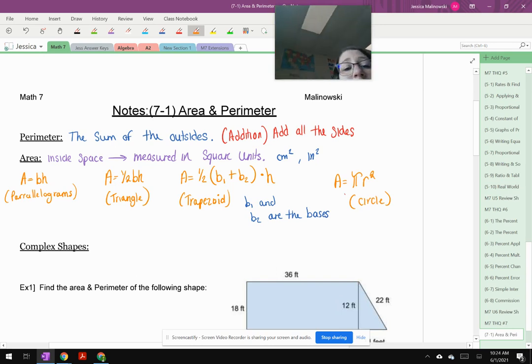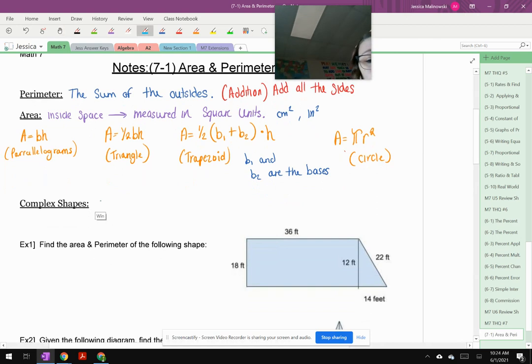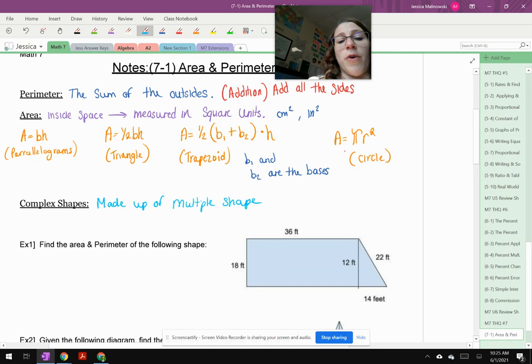The last little piece that I want to talk about is a complex shape. Complex shapes are just made up of multiple shapes. So it's like a triangle and a rectangle put together, a rectangle and a rhombus put together.